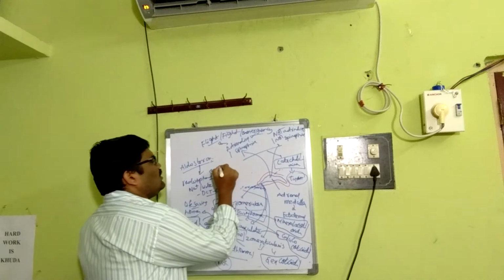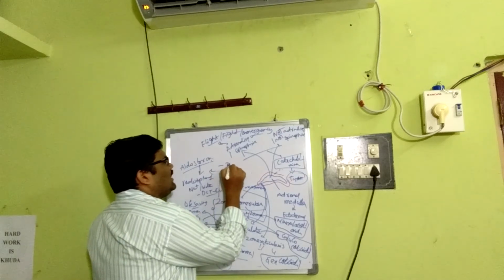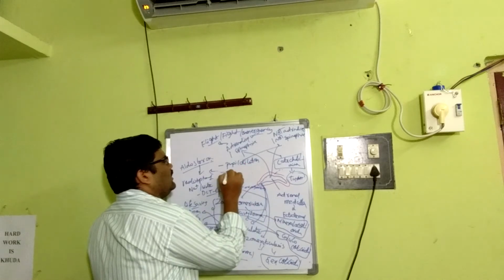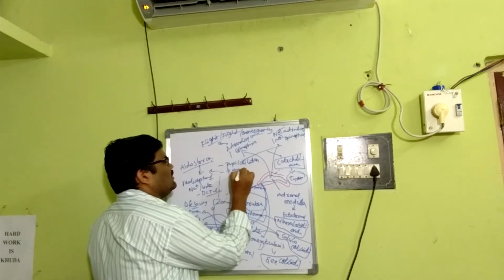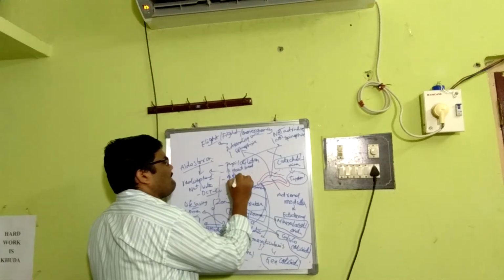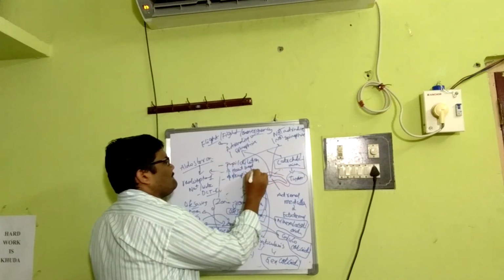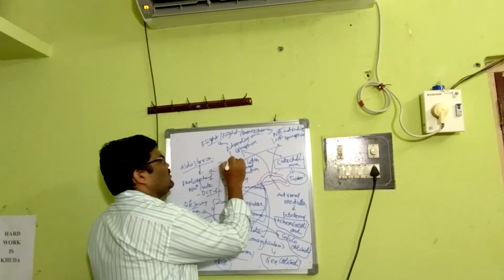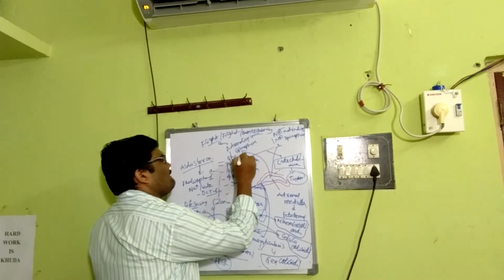So there are certain physiological conditions like pupil dilation, increasing rate of heartbeat, increasing rate of respiration, sweating, and an increase in blood glucose level.